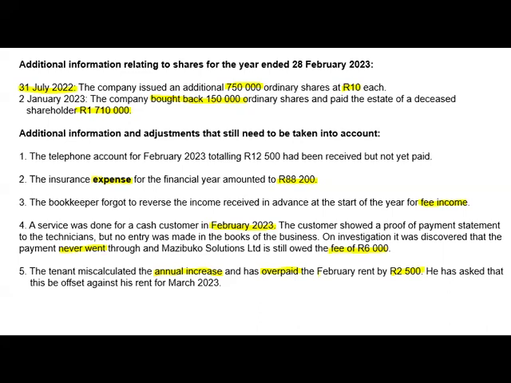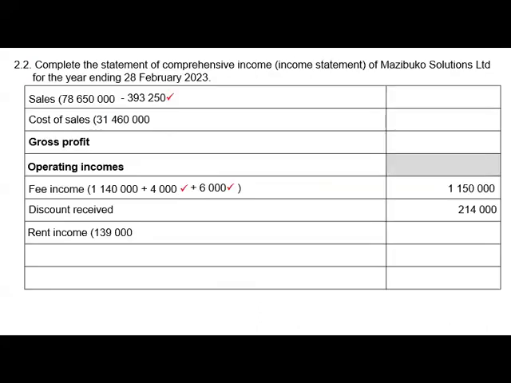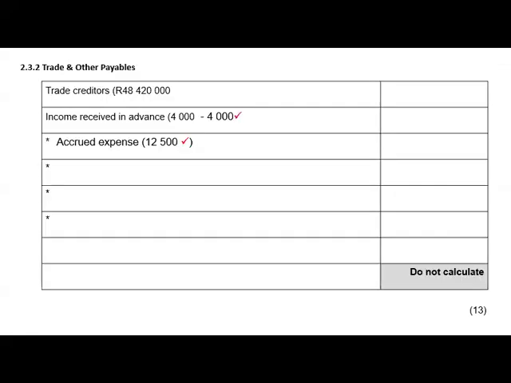And after subtracting it from our rent income, I am going to add it to deferred income, which is income received in advance. You get that in trade and other payables. You will just add it to income received in advance. We received it for March next year. Hope you get it. We still good?